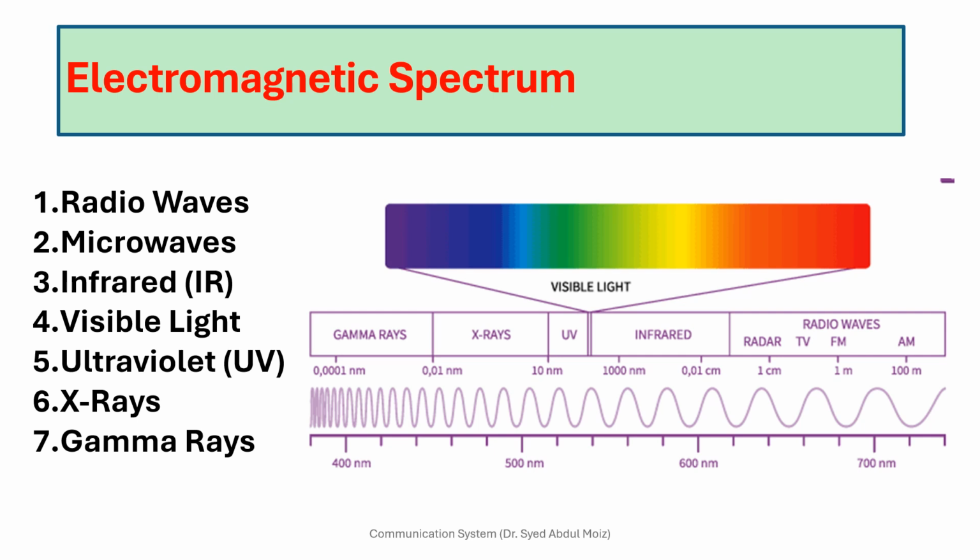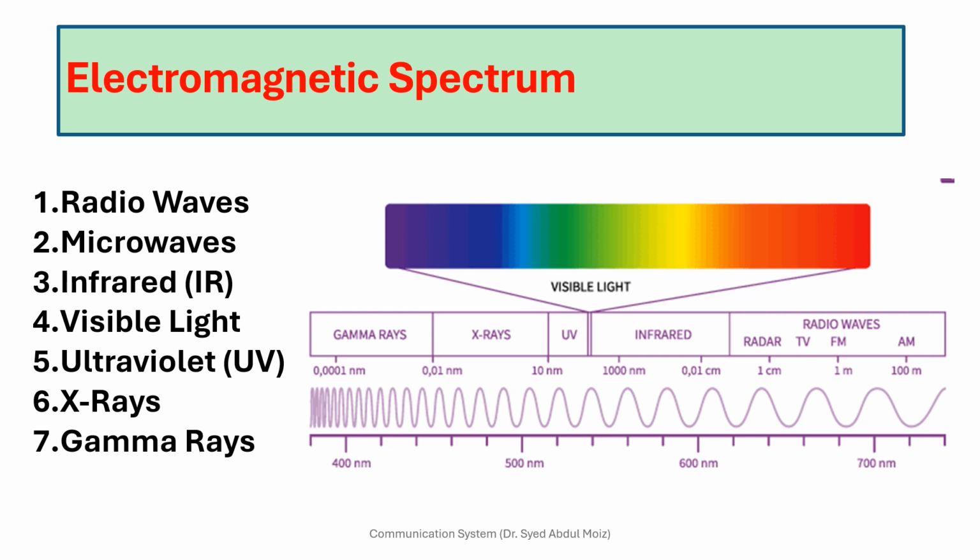In the middle of the spectrum lies visible light, the light we humans can see. The wavelength is approximately 400 to 700 nanometers and the frequency from 430 terahertz to 750 terahertz. Visible light reveals the colors of the world and enables life through photosynthesis.